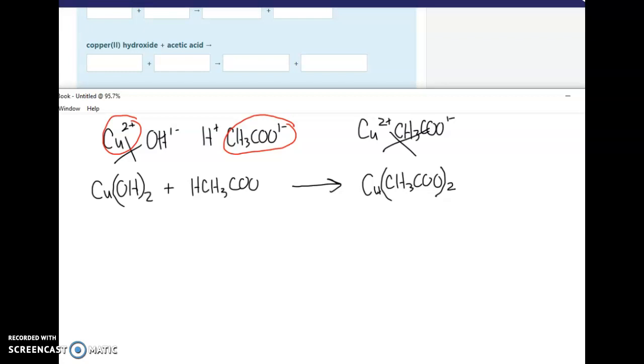The second substance that you will get for this double replacement reaction is what happens when this positive combines with this negative. So H plus, always write your positives first, is going to combine with OH minus. And we're going to get HOH.